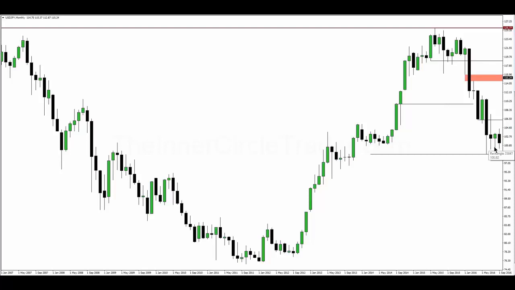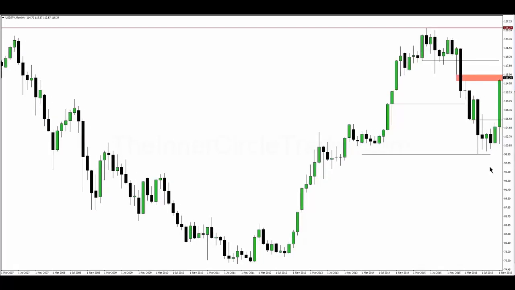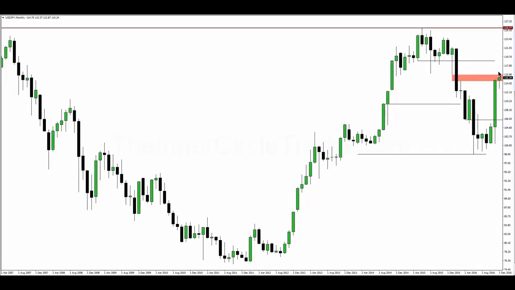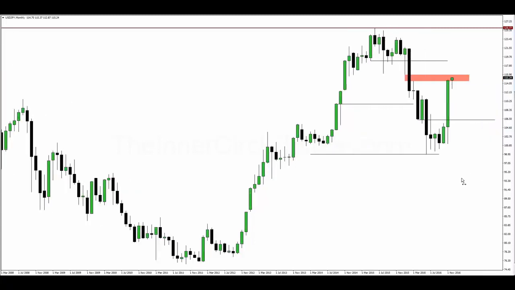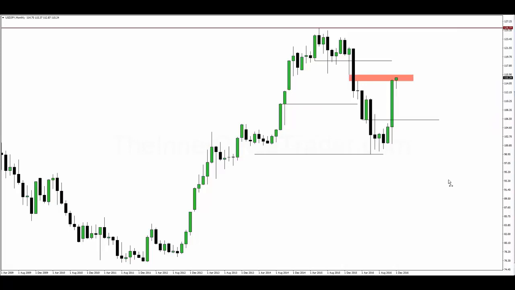Okay, so inside this range from this low to this high, we would be aiming for internal range liquidity. Price trades all the way up, right into the shaded area here, right there.